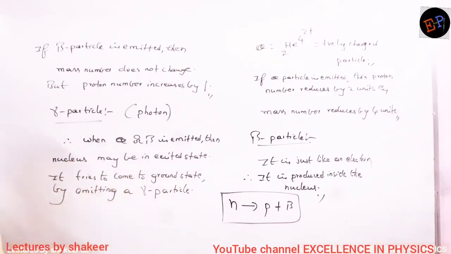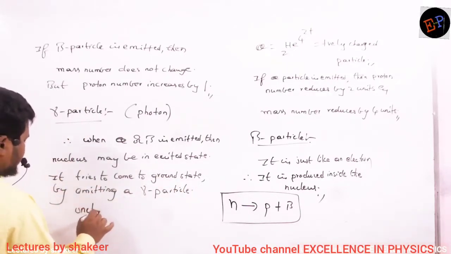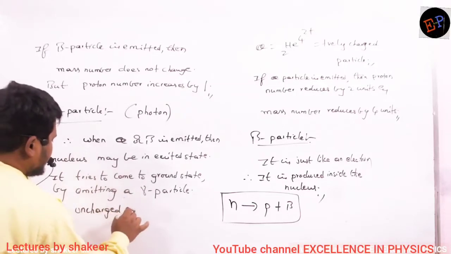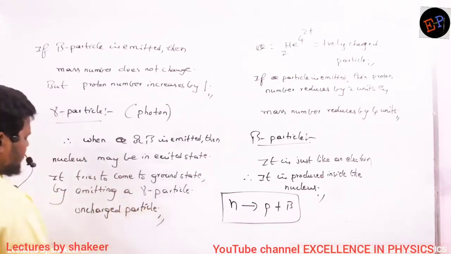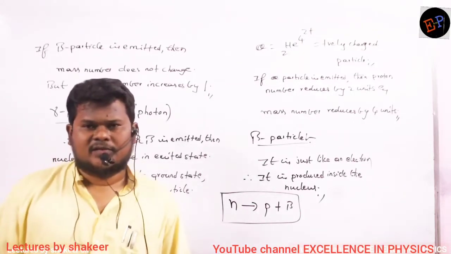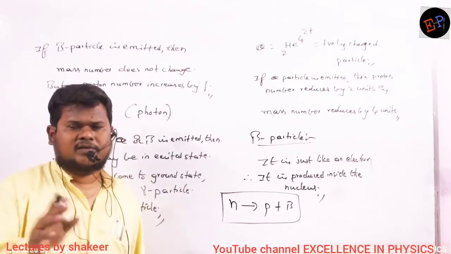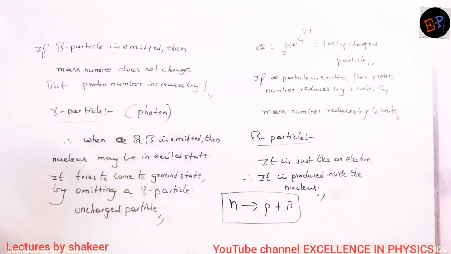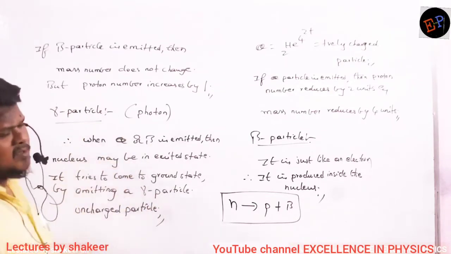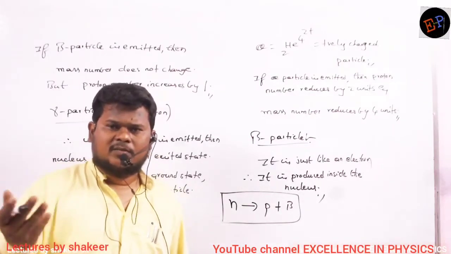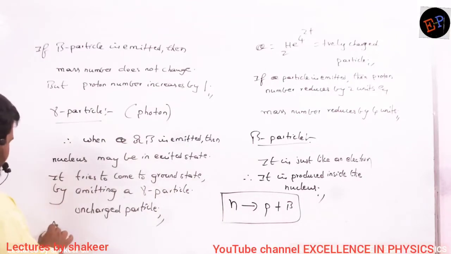Because this is a photon, it is an uncharged particle. Positive charge is not there, negative charge also is not present. Because it is not a charged particle, it is not deflected by magnetic field or electric field. And when gamma particle is emitted, there is no change in mass number or proton number. So make a note of that point.